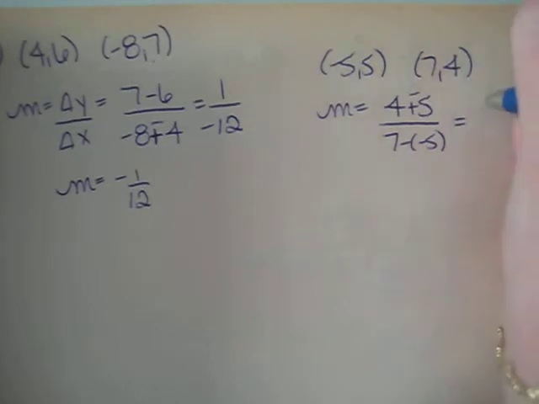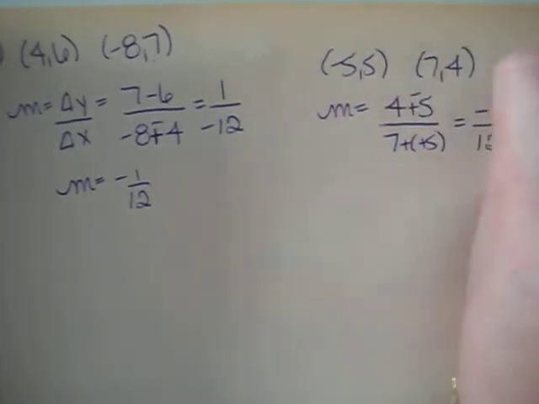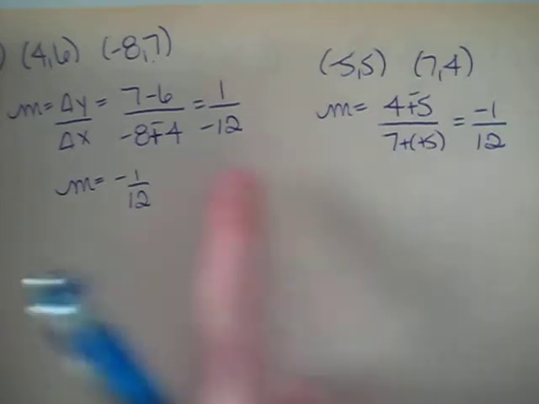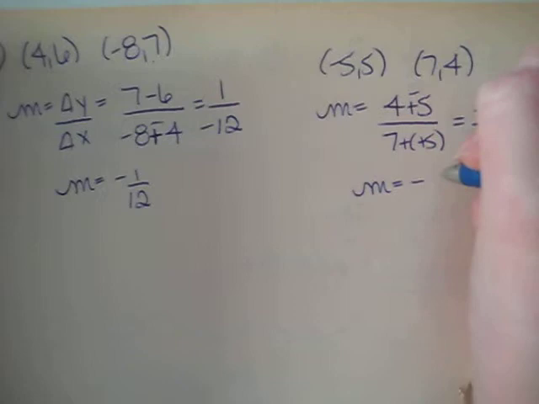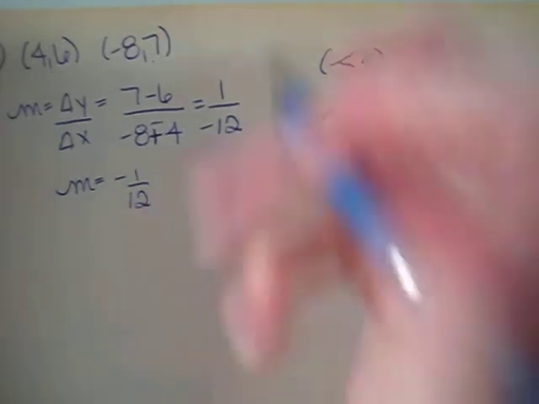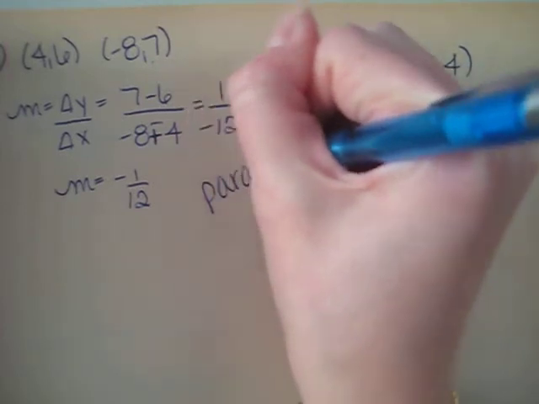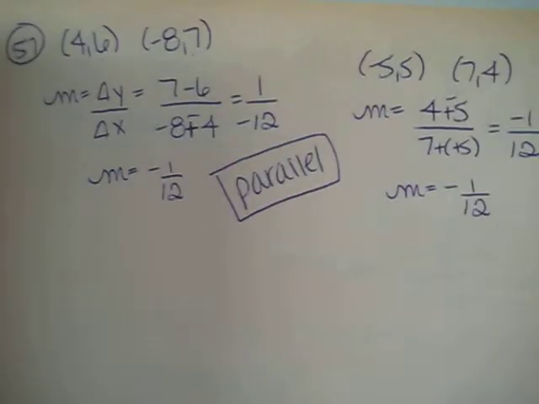So keep change, I get -1 over, keep change, 12. We discussed equivalent fractions. It does not matter where the negative sign is located, because it makes the whole fraction negative. So we have the same slopes here, so that makes these 2 lines parallel to one another. And you can see that answer on the slide notes.